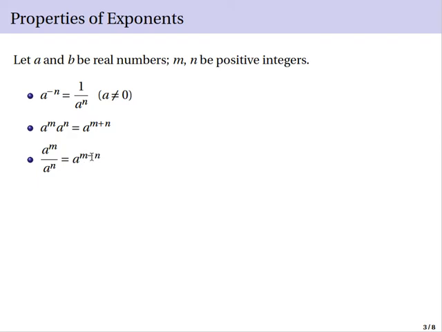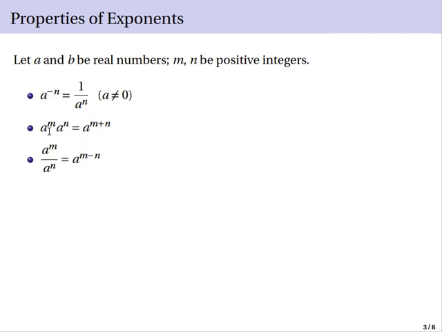So notice, this law here or this property here is derived from these first two properties. Okay? So notice 1 over a to the n is equal to a raised to negative n. So this 1 over a to the n here can be replaced by a raised to negative n.